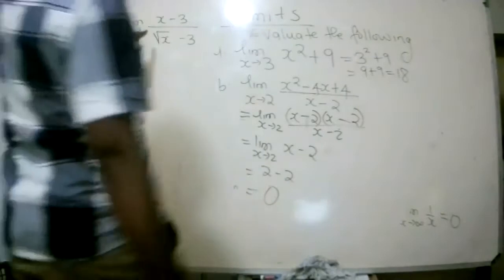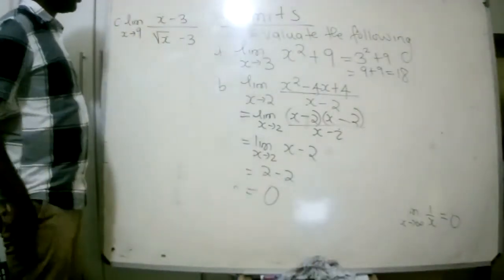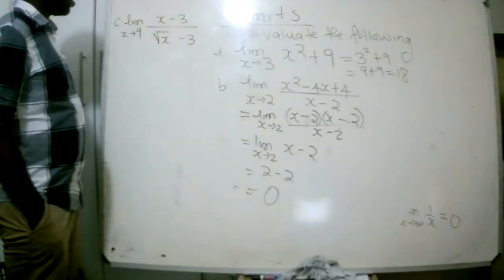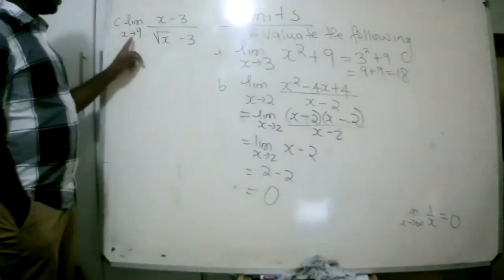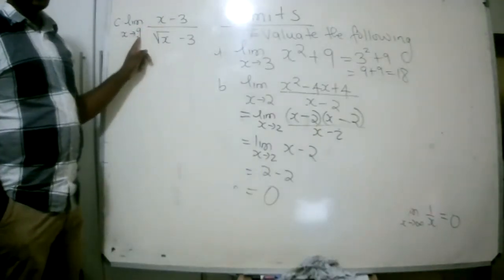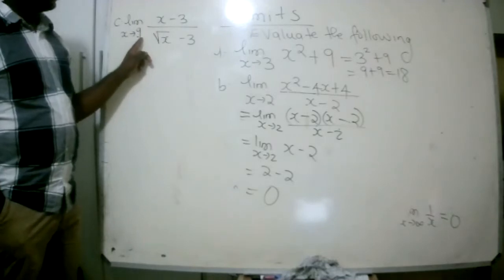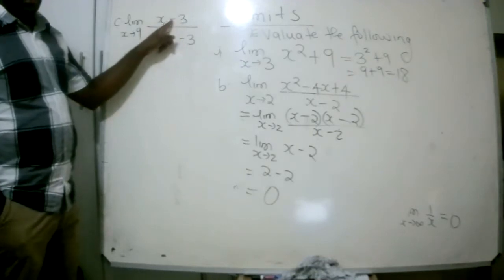You can see we have a root here. When we do direct substitution, what are we going to get? If we do direct substitution, it means where we have x, we'll substitute 9, right? Yes. And we'll have 9 minus 3, which is 6.